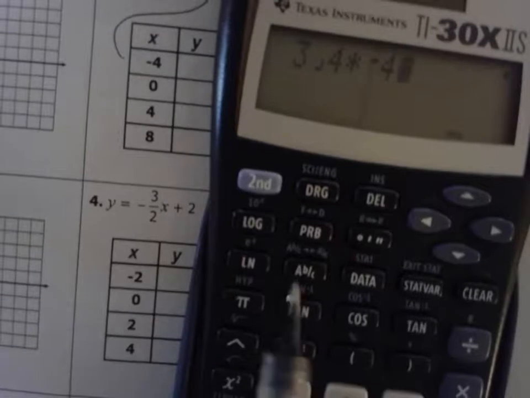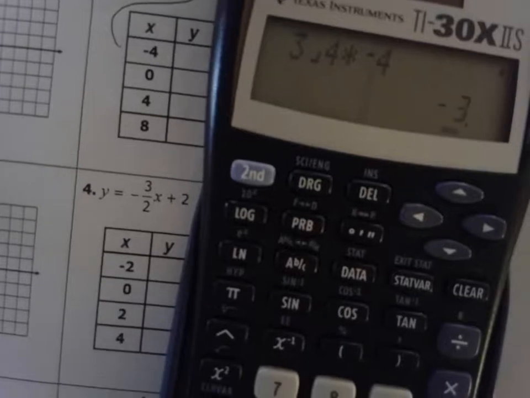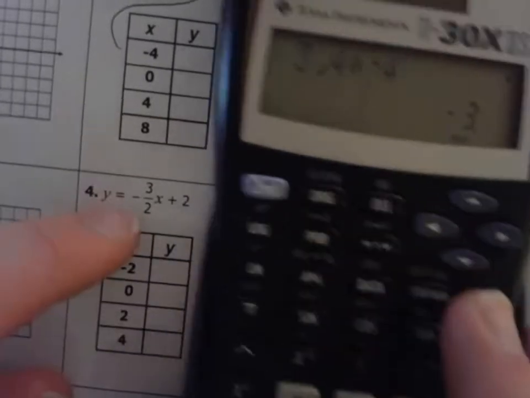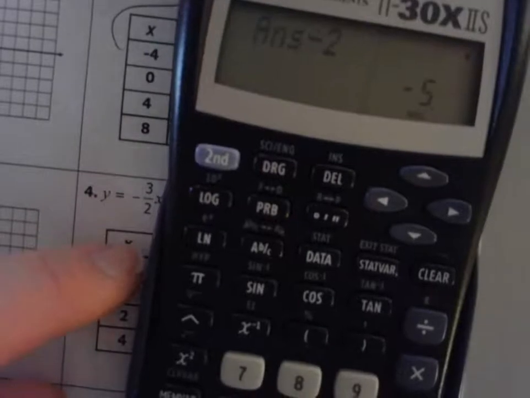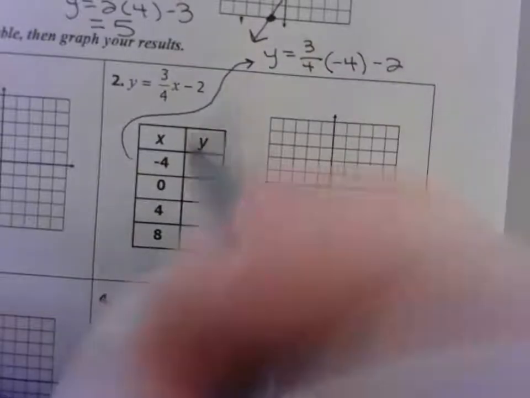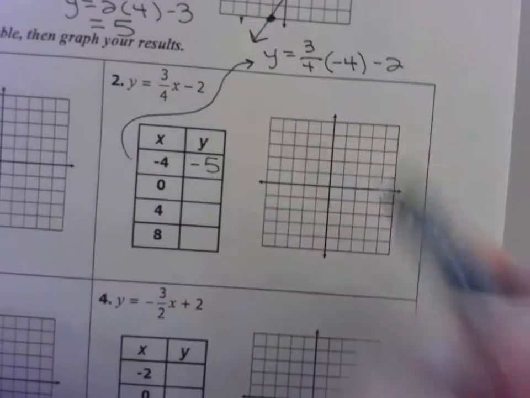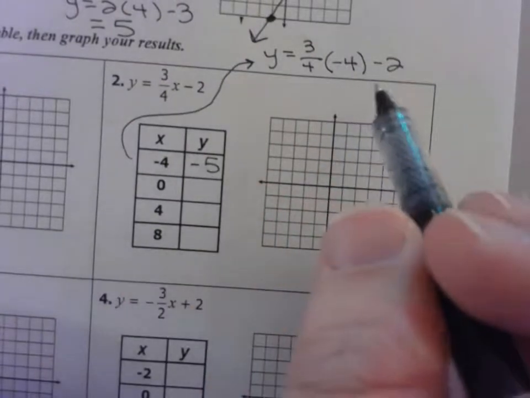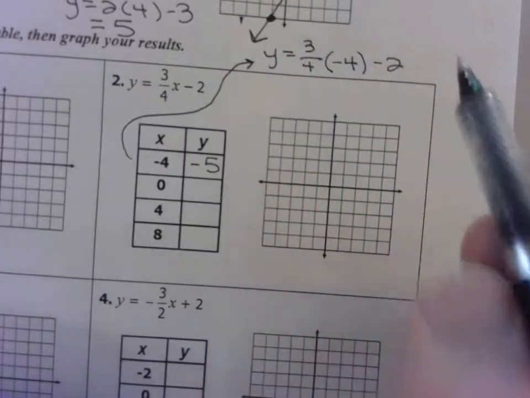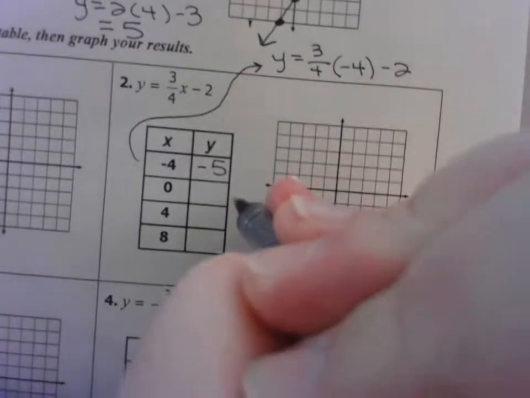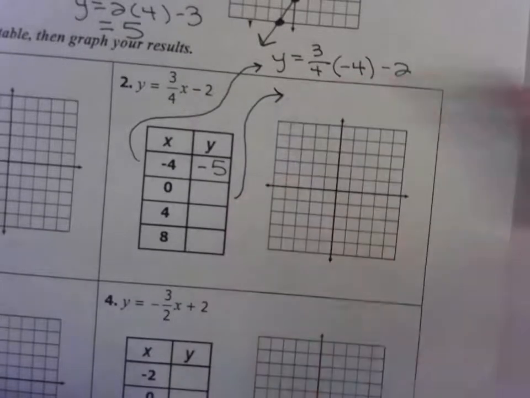So 3 ABC 4, which is 3/4, times -4, which is -3, minus 2, which is -5. So that is -5. So you don't have to necessarily show every single step, but I need to see this step where you're plugging it in. Any questions on that? This is pretty simple.